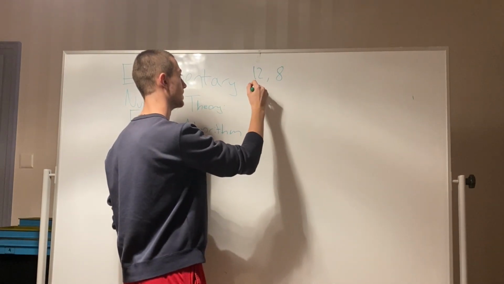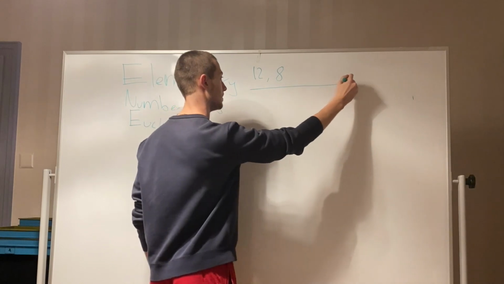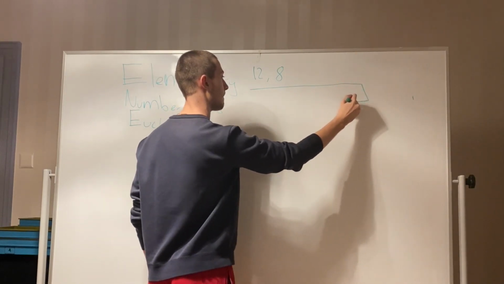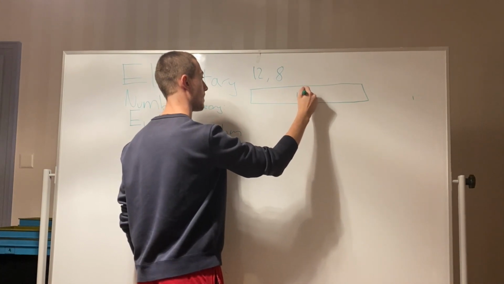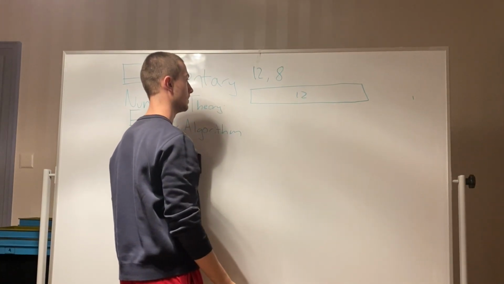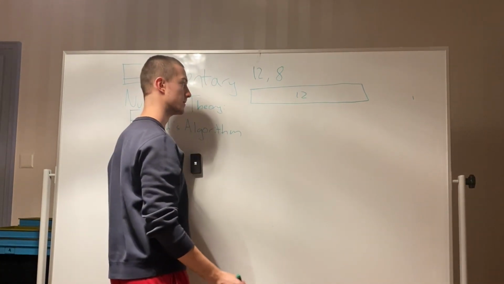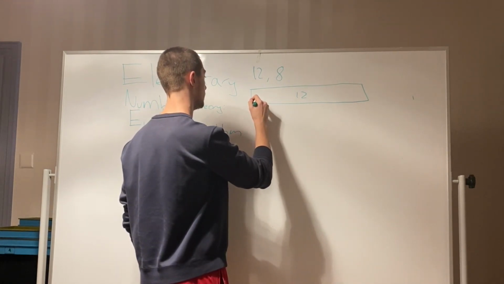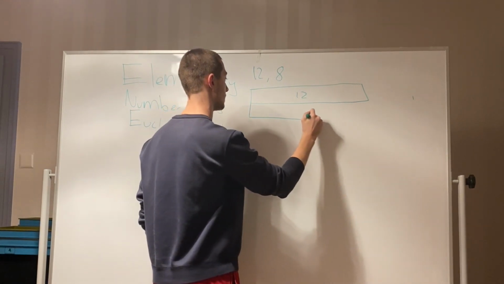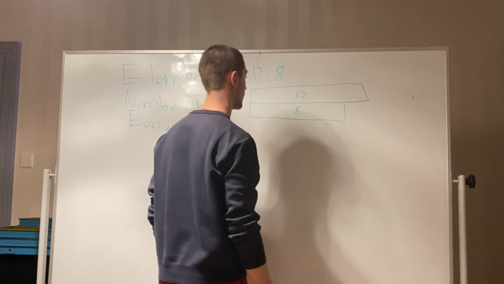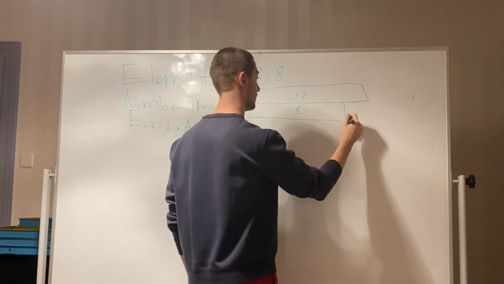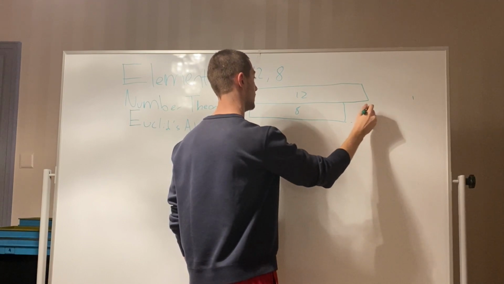We have this big building block of 12. Now how many times does 8 go into 12? Clearly 8 goes into 12 only once, and we have a remainder of 4. I'm going to show that by a dotted line.